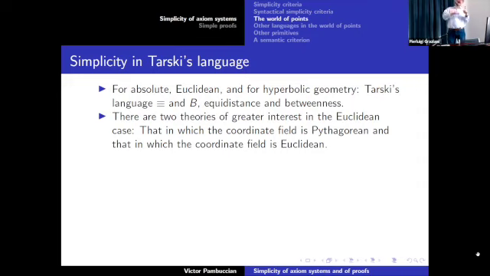So in other words, I know that a circle and a line that has a point inside and one outside, they do intersect. So in one case, the coordinatizing field is Pythagorean ordered, which means the sum of any two squares is a square. And in the other case, it is Euclidean ordered, which means any element is either a square or the negative of a square.